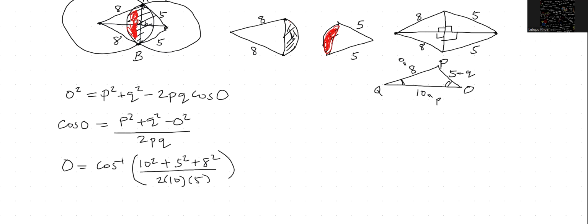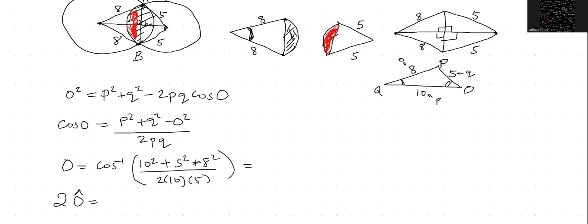So this you do on your calculator, but we're not really interested in angle O. We're interested in this angle here, which is a double of O. So 2 times angle O. Right, this should be minus.